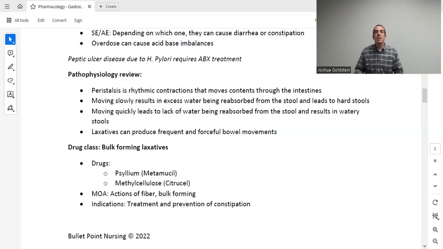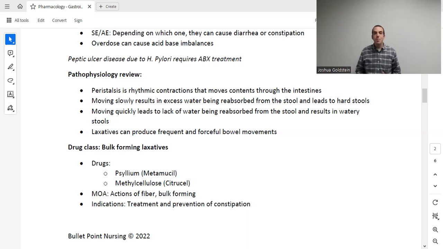So let's move on from peptic ulcer disease and GERD, and talk about the next pathophysiology, which is going to be constipation. Let's do a quick review on GI processing so we understand what we're talking about. Peristalsis is rhythmic contractions, and it's how things move through the GI system. So I squeeze, squeeze, squeeze, and that's how I move it, similar to how you would move toothpaste or how you would eat a freeze pop.